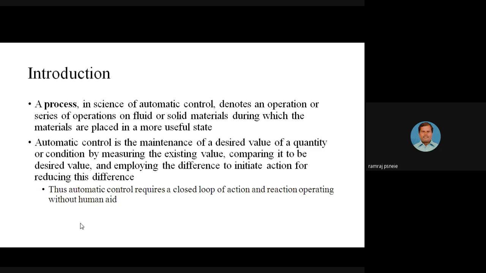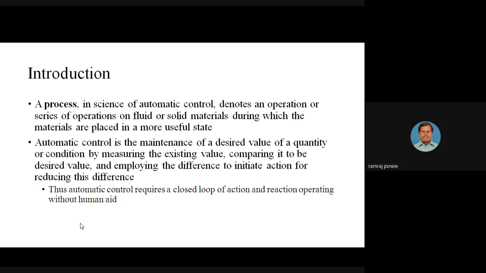The process may be a single operation or a cascade connection of more than two operations. Next one is control. Automatic control is the maintenance of desired value of a quantity or condition.